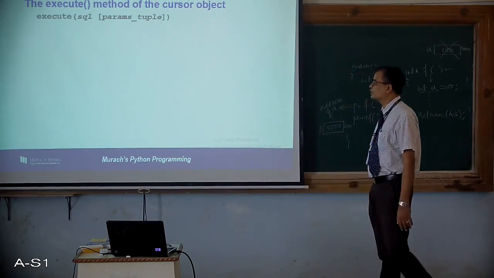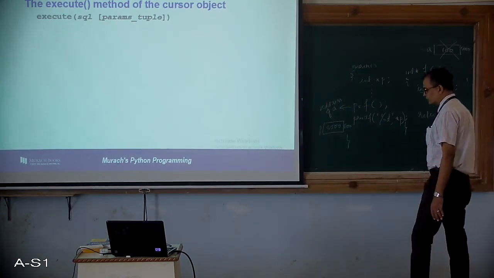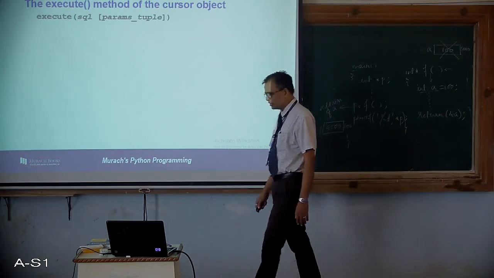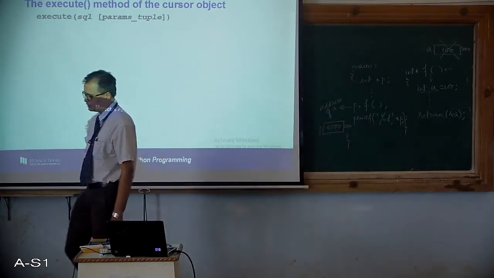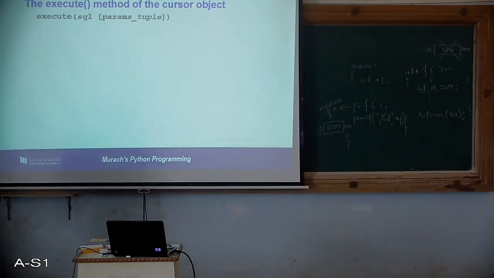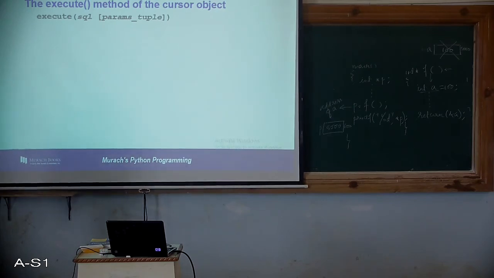If you want to execute a SQL statement on a particular table, then you will have to have a cursor. So the cursor will help you to execute a command. We have one execute method available in the cursor object which will help you to execute a SQL command.